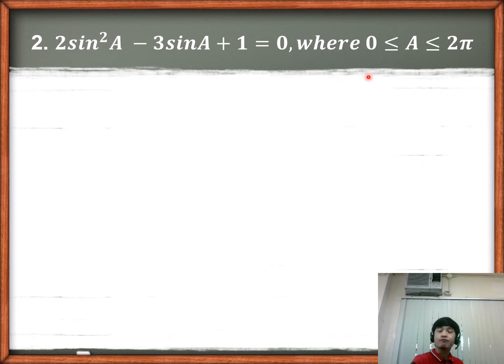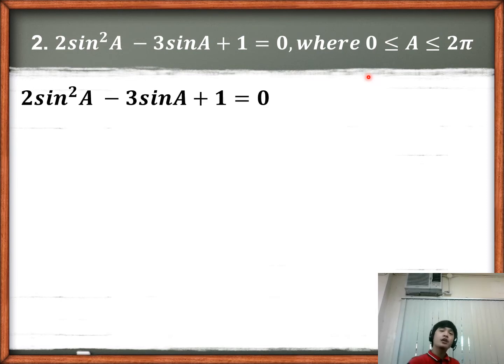Let's start. So, kung titignan niyo po yung equation na to, 2 sine squared A minus 3 sine A plus 1, kamukha siya ng quadratic equation, ax squared plus bx plus c. Ang pinakaiba lang, yung variable na involved dito, instead of the variable x, variable y, we use the trigonometric functions.